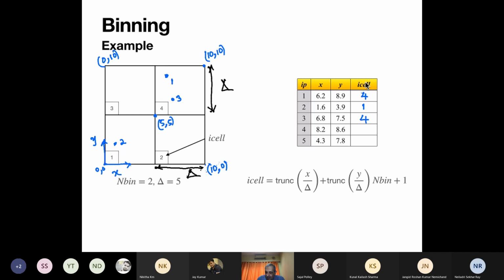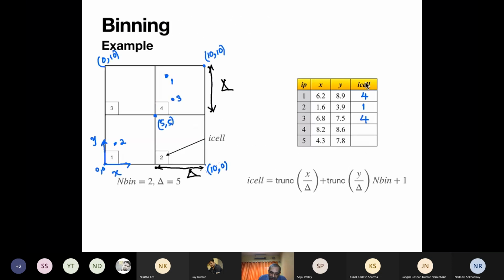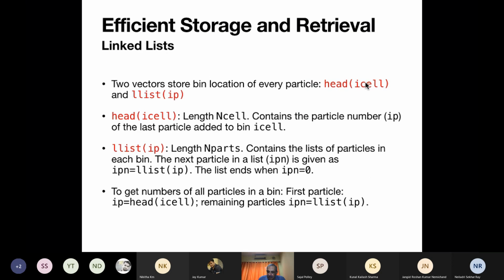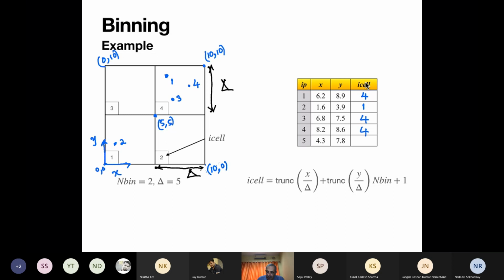The third one, again, for the same reasons. The fourth particle is also going to be here. And now for the fifth particle, x is 4.3, y is 7.8. So it means the fifth particle is somewhere here.